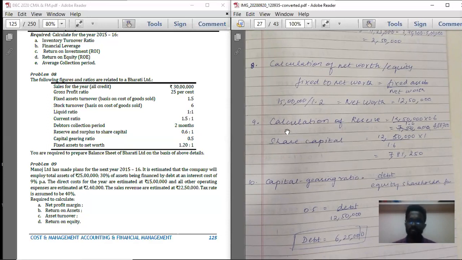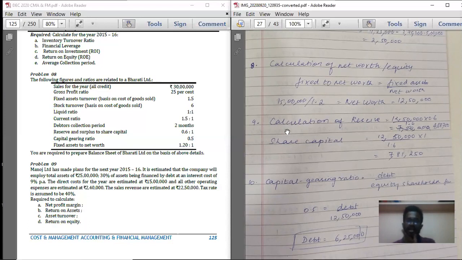Calculation of reserves is equal to 12,50,000, that is net worth, divided by 1.6 into 0.6, which is equal to 4,68,750.